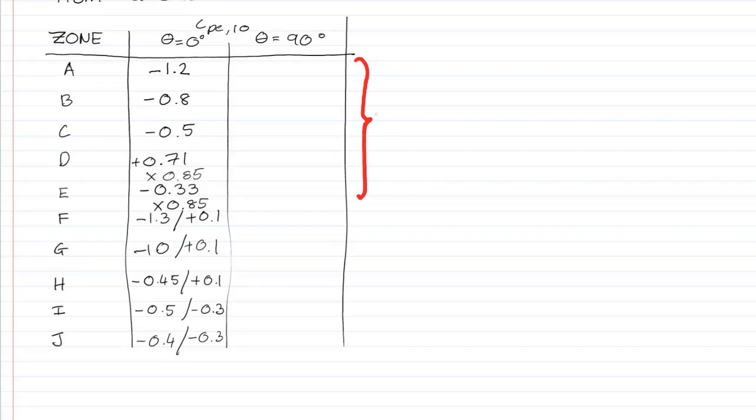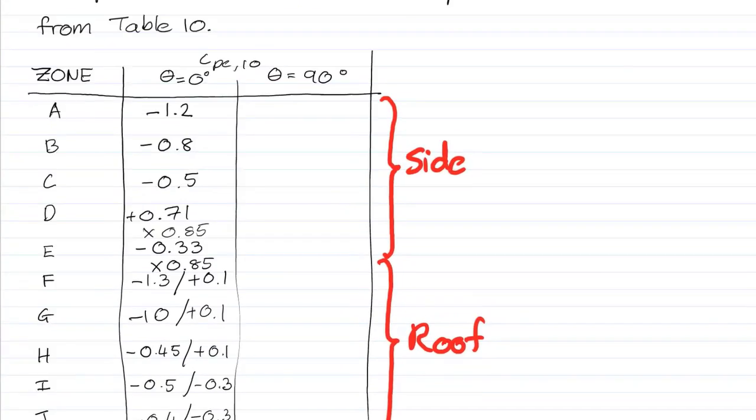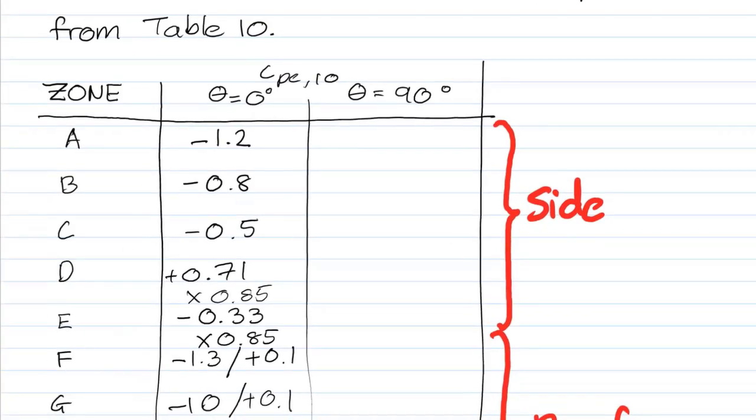We have all our side pressures we got from one table, and then all our roof pressures from another table, and we need to put both together. Irrespective of the shape of the roof, you will always get your ABCD, or ABCDE, all your side pressures from the first, and then you have a look after that. Is it monopitch, duo pitch, hipped roof, whatever type of roof it is, then you get the roof CPE factors from the separate table.